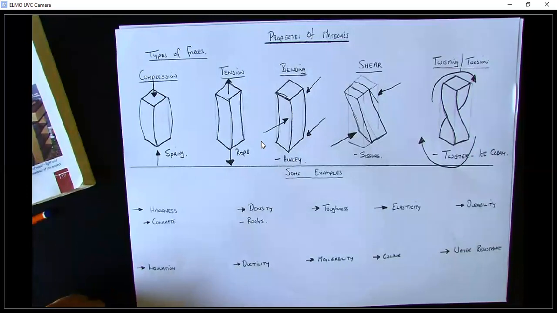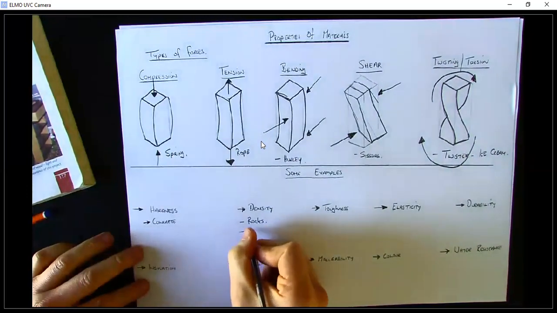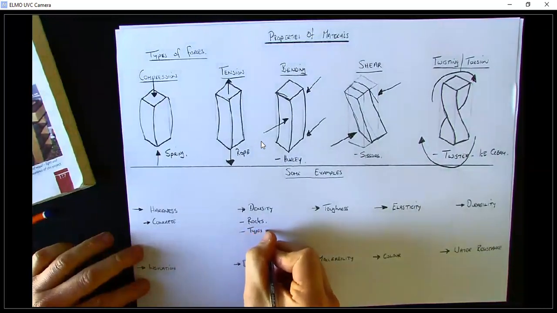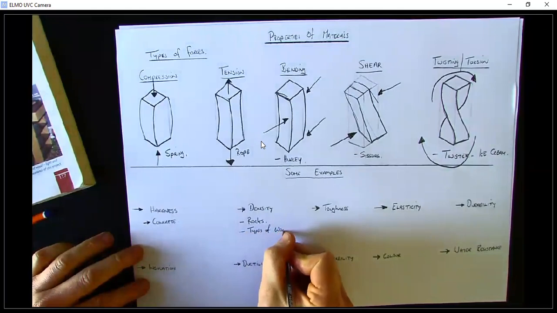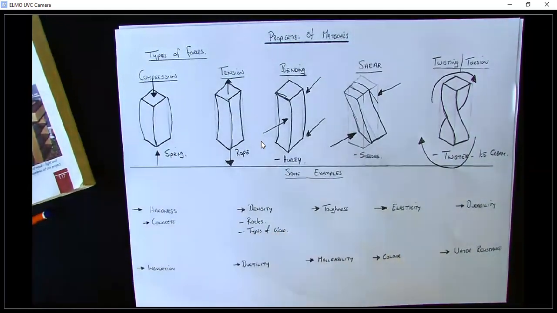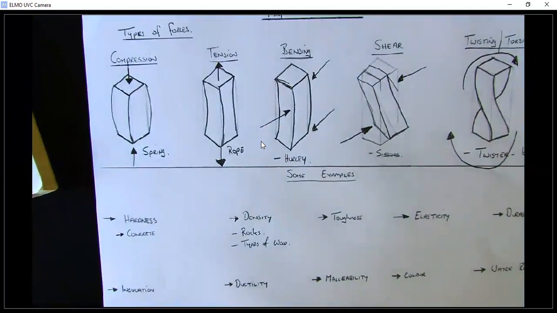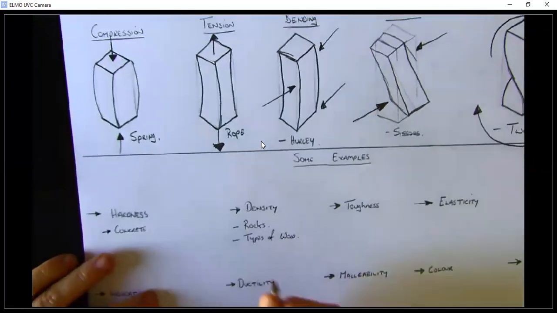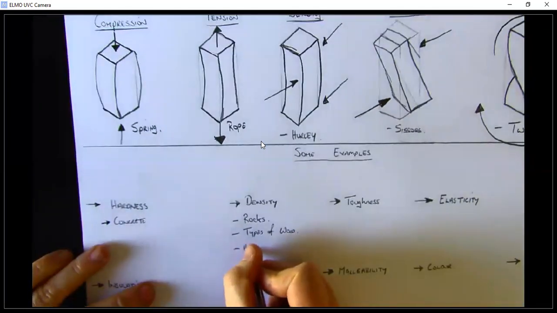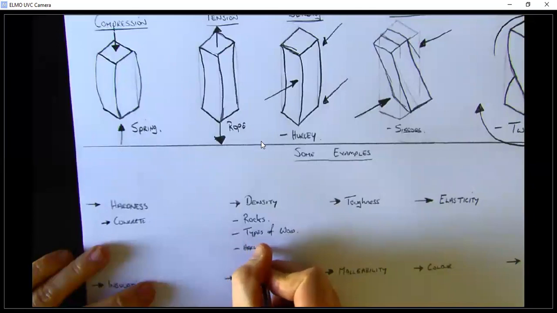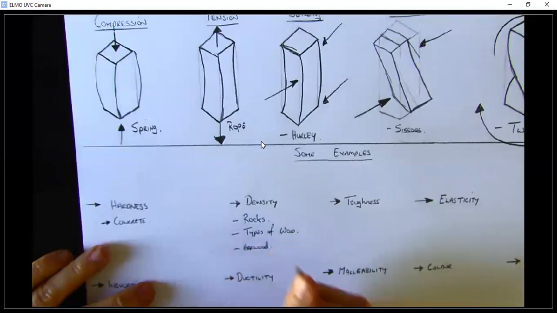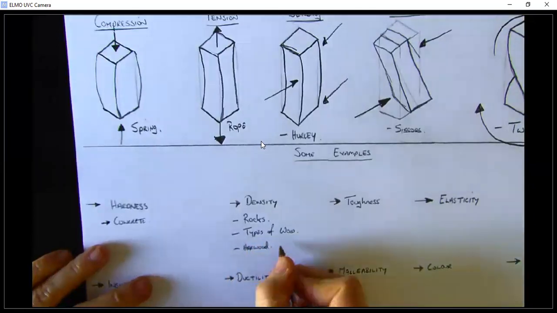A block of wood is not going to be too dense, but different types of wood will have different densities. Just on that, more often than not, a hardwood is going to be heavier, and a softwood is going to be lighter.